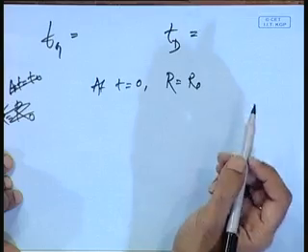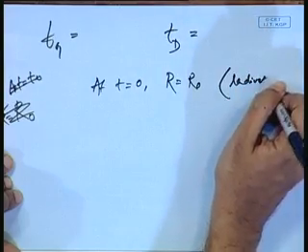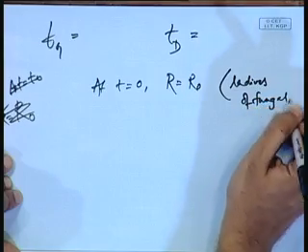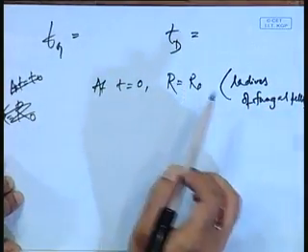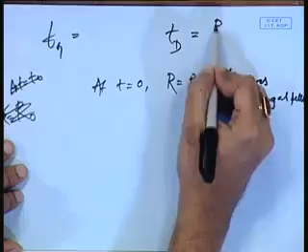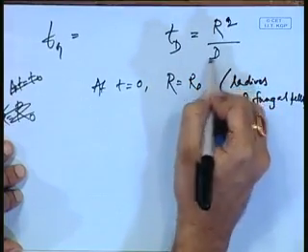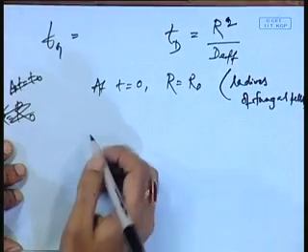That is, the radius of the fungal pellet is some value. We need to assume some value, otherwise we cannot do it. So what would be my diffusion time scale? R naught square by D effective.